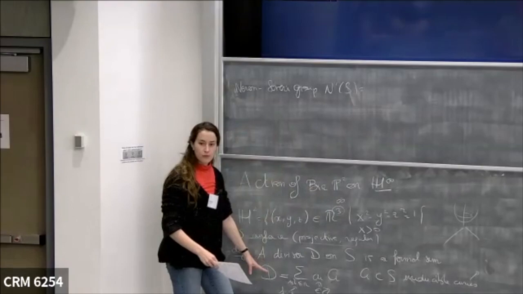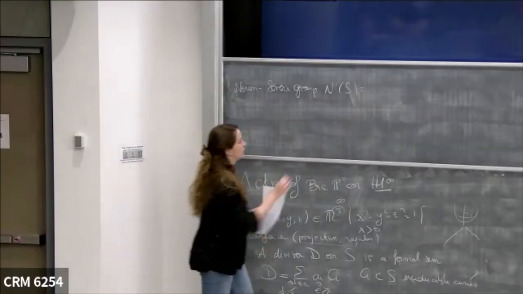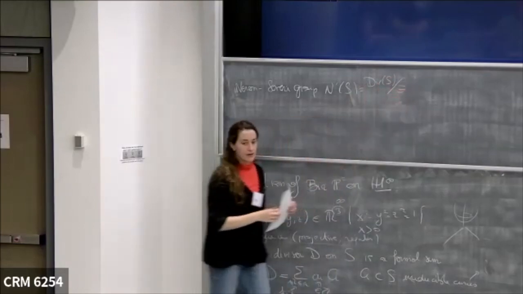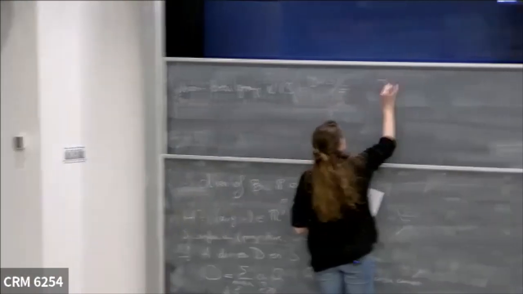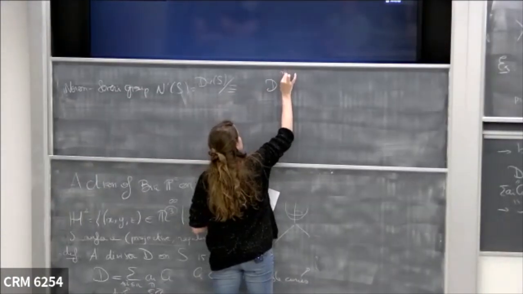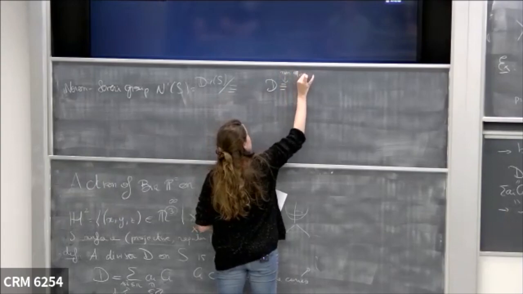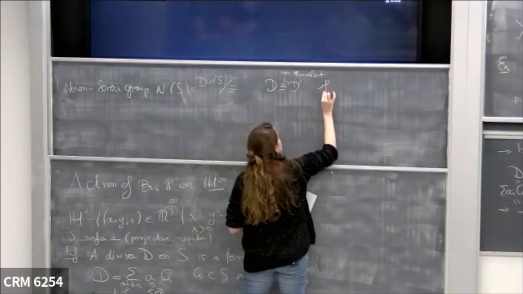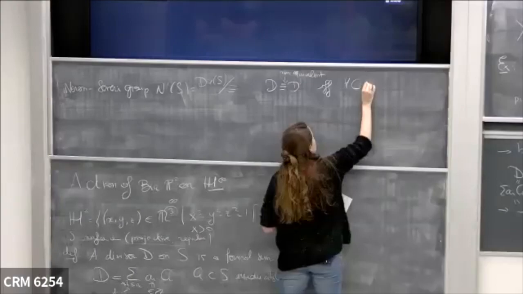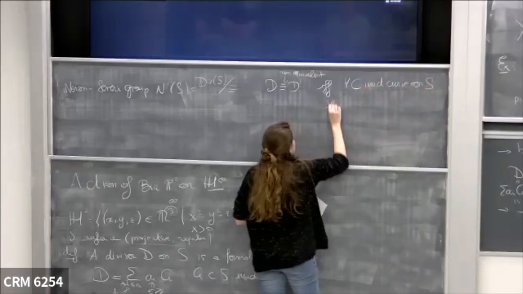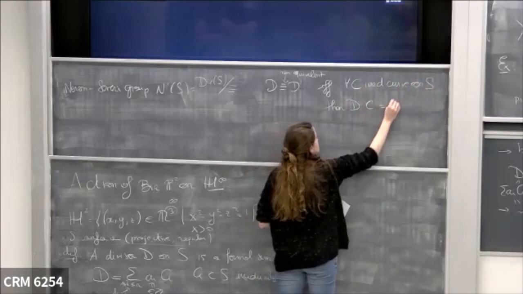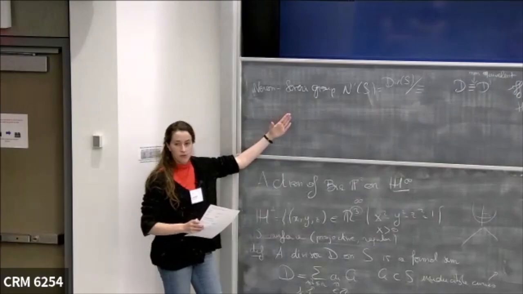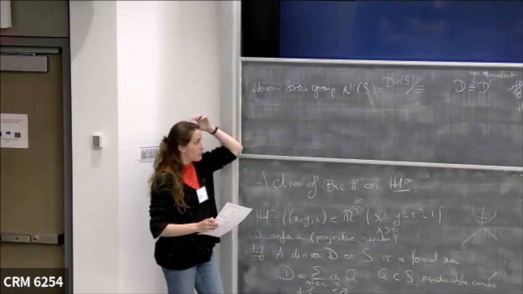They form a group with a formal plus, and we can put an equivalence on them by saying that D is numerically equivalent to D prime if and only if for any irreducible curve C on S, the intersection number between D and C is the same as the intersection between D prime and C. This is the equivalence I want to have on my group of divisors.